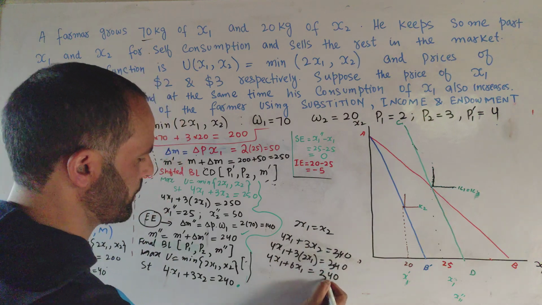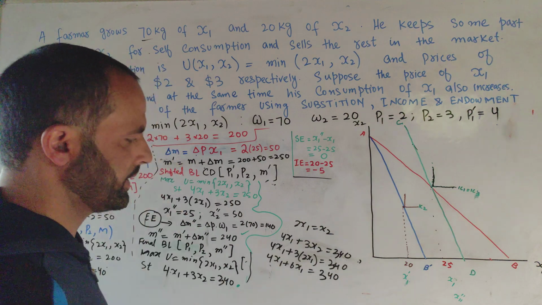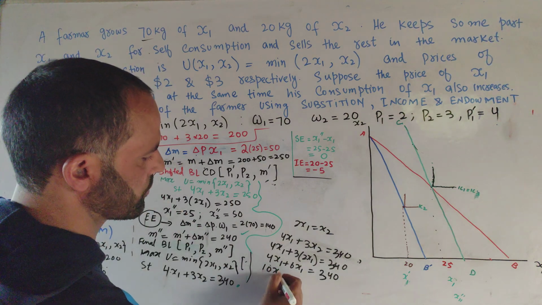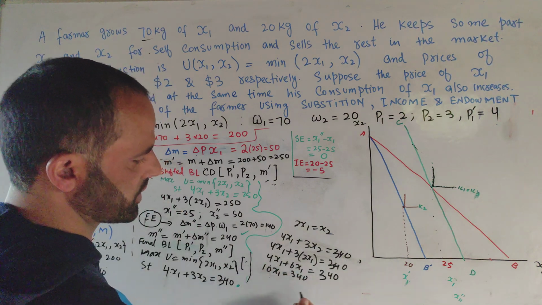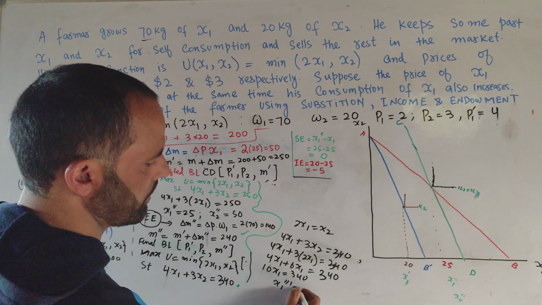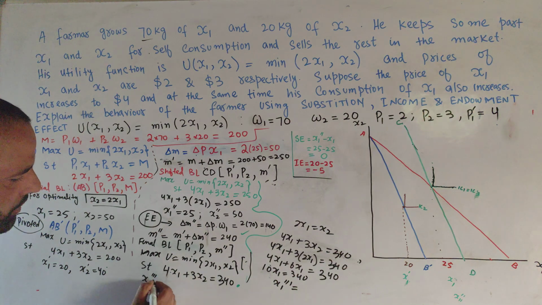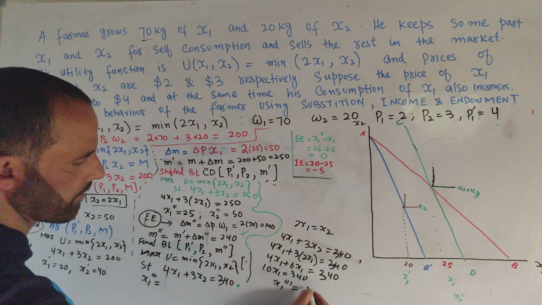So it is 340 here. Okay, sorry for my horrendous mistake. Okay, so it is 10x1 is equal to 340. Dividing both sides by 10, we get x1 triple prime will be equal to, so let me write it here. So x1 triple prime will be equal to 34.